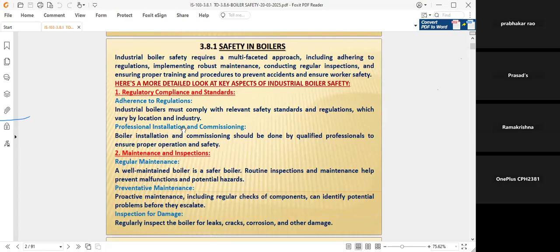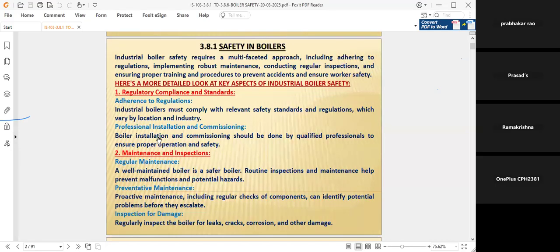Professional installation and commissioning is very important. At the construction stage, we need to engage not a normal contractor but qualified and certified agencies for construction, installation and commissioning.